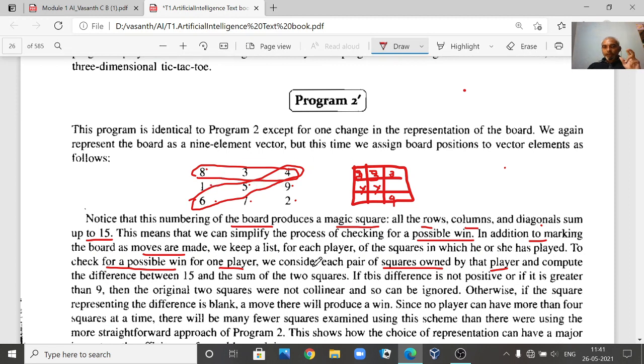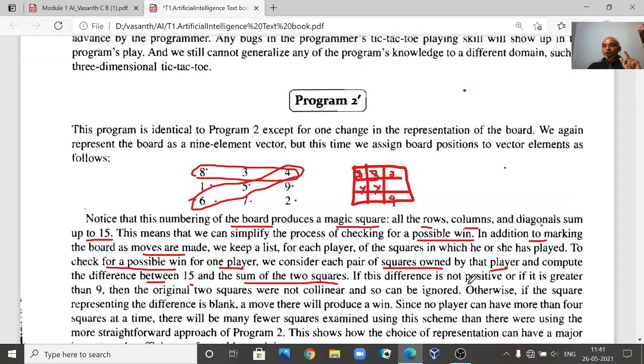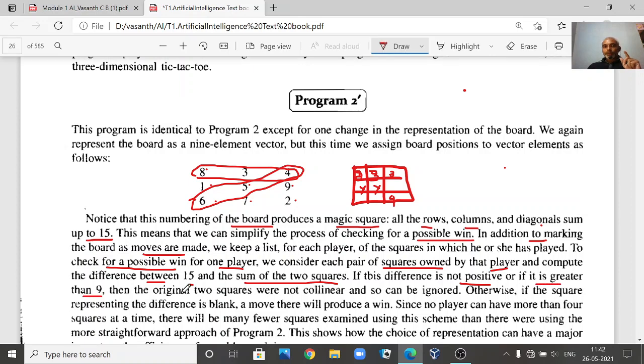We consider the values of the pairs of squares owned by that player and compute the difference between 15 and the sum of the two squares. If this difference is not positive, or if it is greater than 9, then the original two squares are not collinear and we can ignore them.